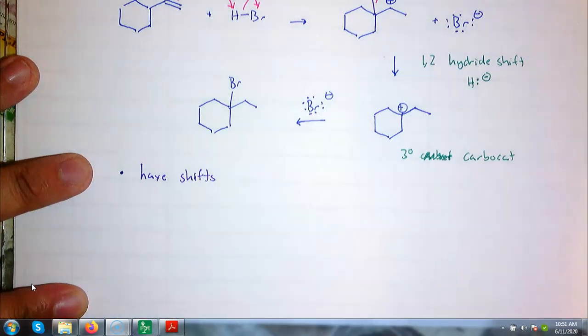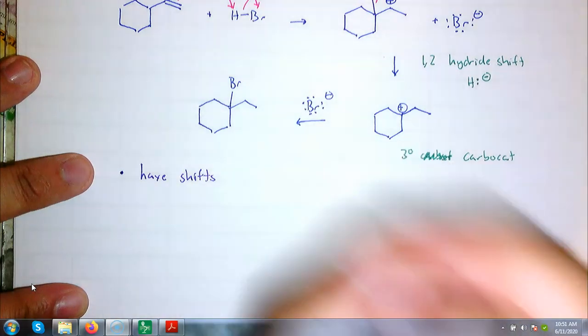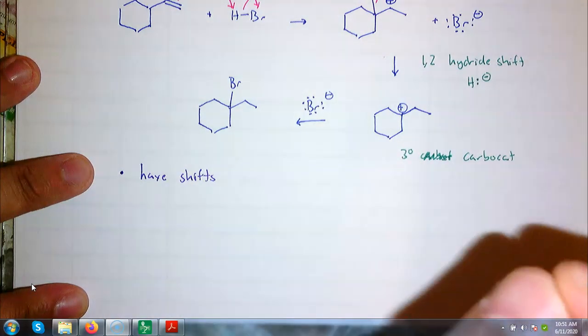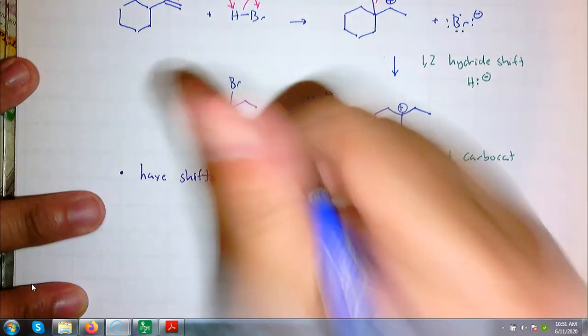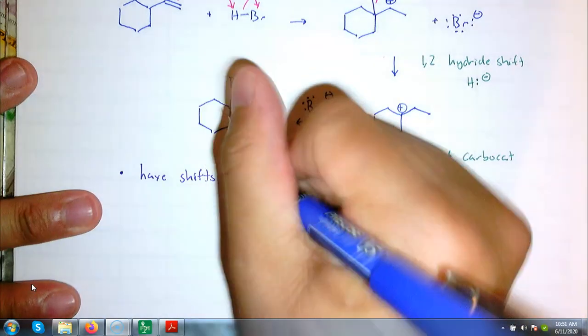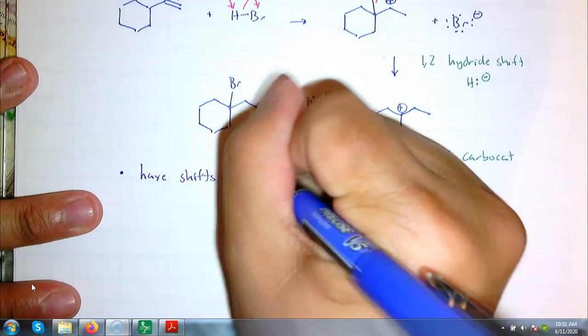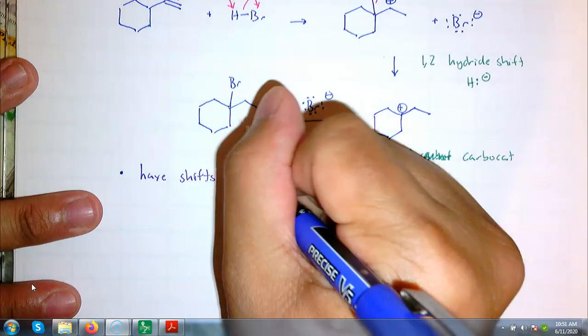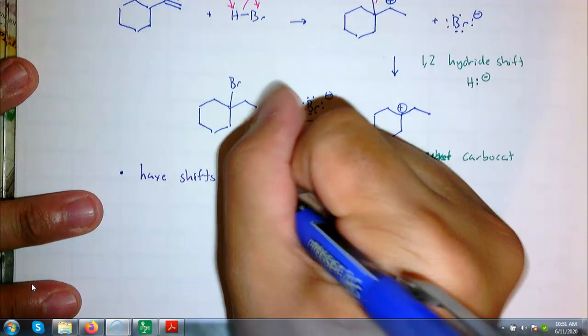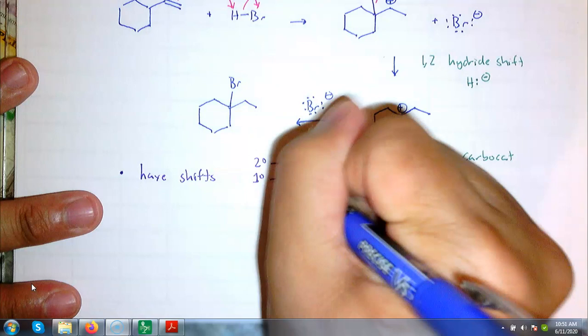I'm trying to visualize whether you could do that if it's a primary carbon. Yeah, it's possible. So you could have shifts if you're converting a secondary carbocation into a tertiary, or if you're converting, in very rare cases actually, a primary into a secondary or tertiary.